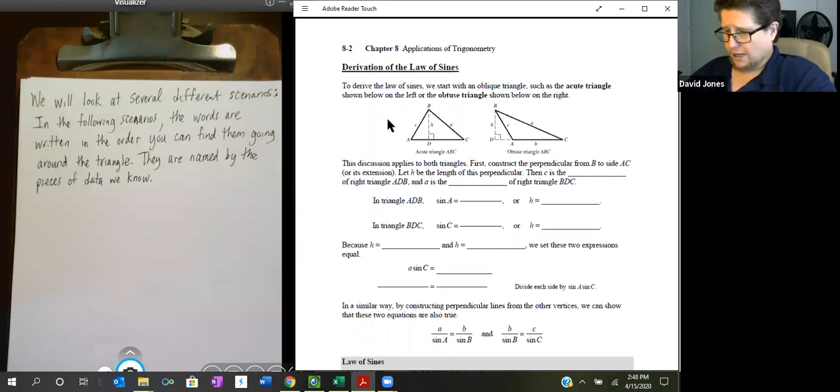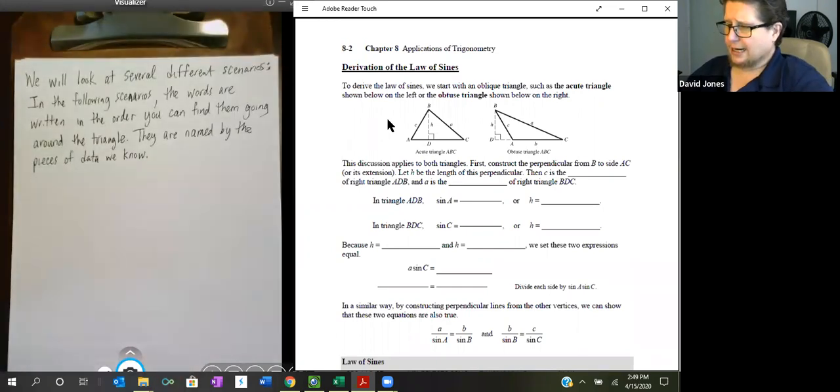Ready? First option we have is side angle angle.